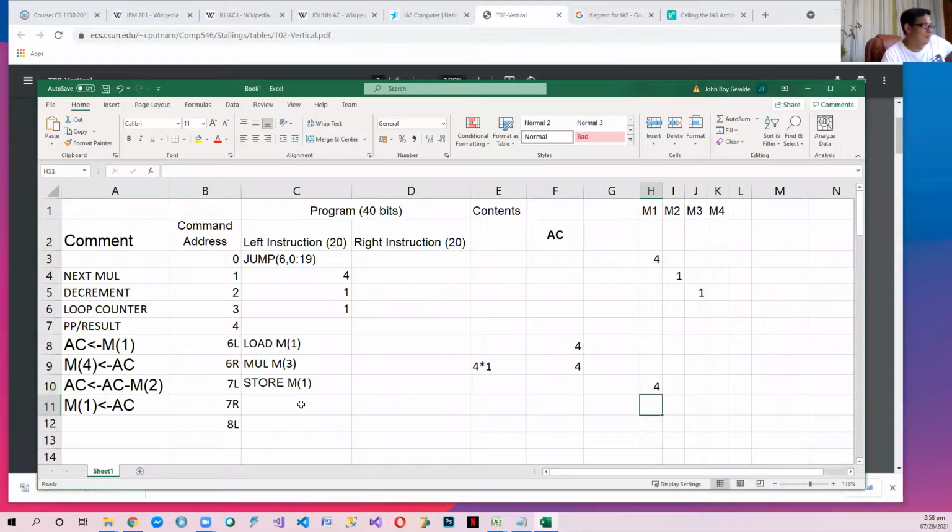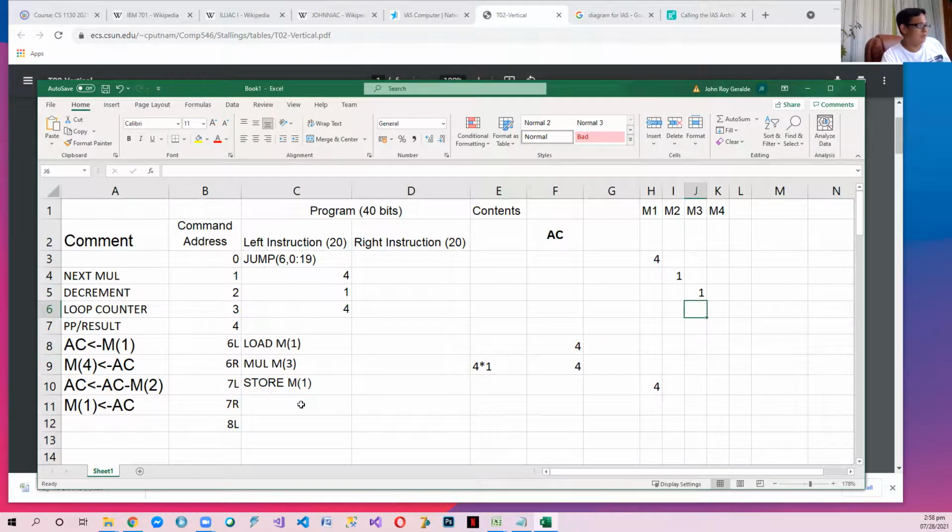Do you follow? And then we are going to compute the next multiplier. Dapat this should be a 4 also. So why don't we just do a load? There's another way to do this, because probably there's another way to do this.